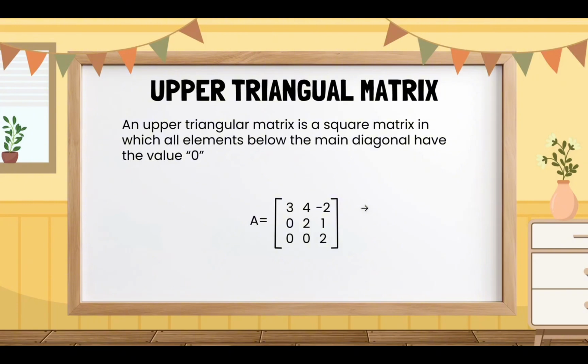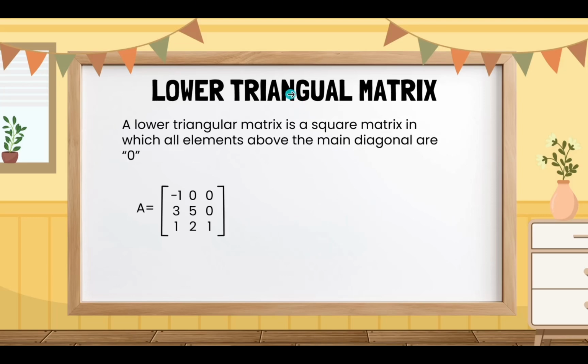Why is it called the upper triangular matrix? It's because only the upper triangle has values in the matrix, but the lower part doesn't have values, or the values are equal to 0.